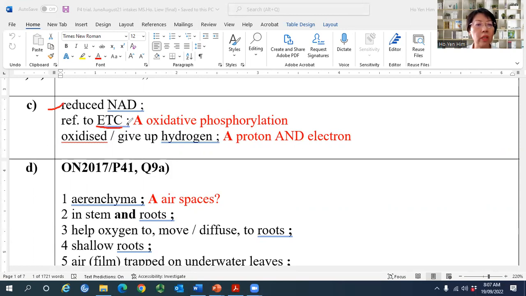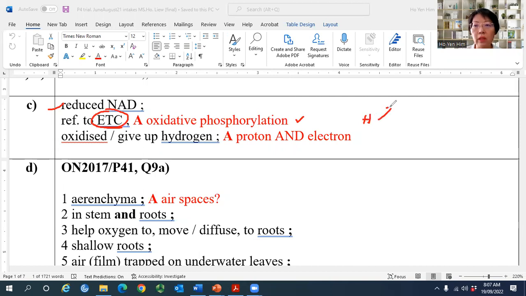Okay, to the electron transport chain. Some students write the name of the reaction, oxidative phosphorylation, which is actually correct, because it's through oxidative phosphorylation that reduced NAD is oxidized to NAD. So this is accepted. So when hydrogen is released to ETC, it will first be transported as hydrogen atoms.